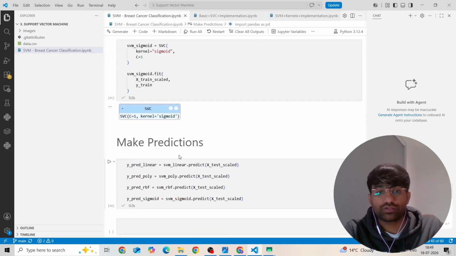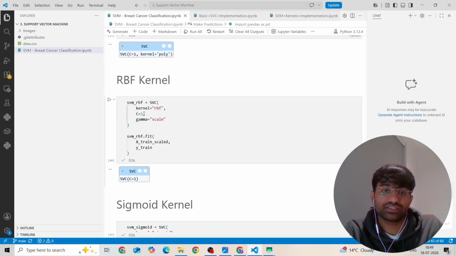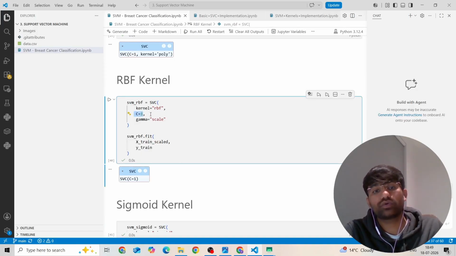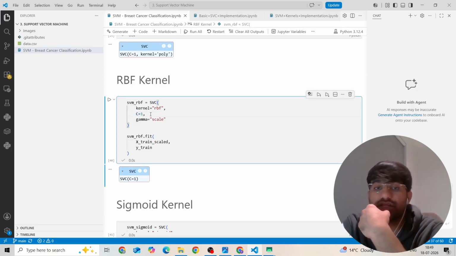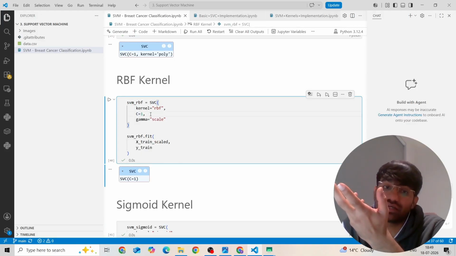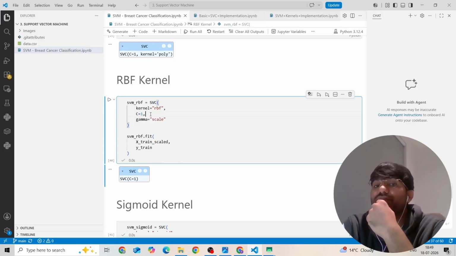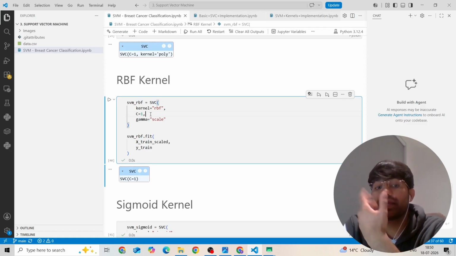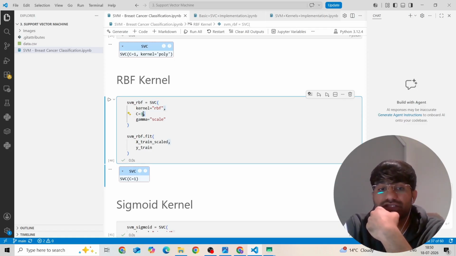And we have specified here only c equal to 1. For only c equal to 1, we are getting that accuracy. Maybe for a lesser c value, or maybe for a greater c value, the model accuracy might improve or might decrease. We don't know which is the best c value.